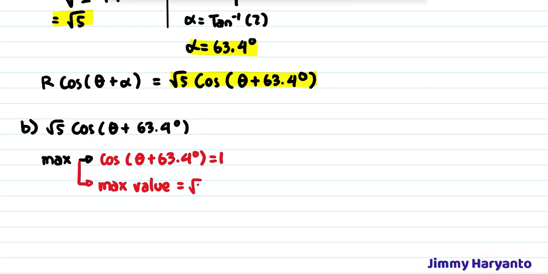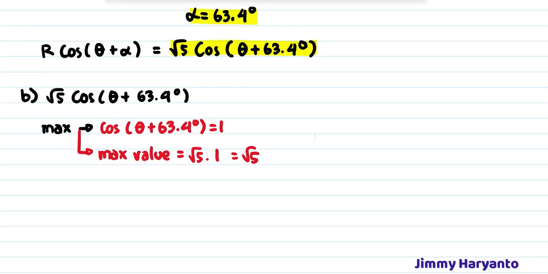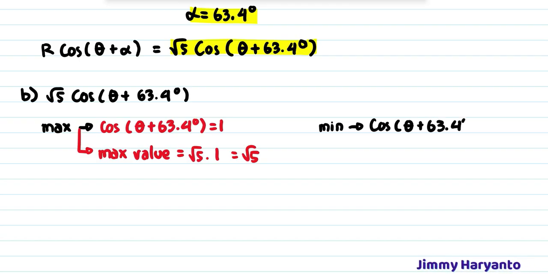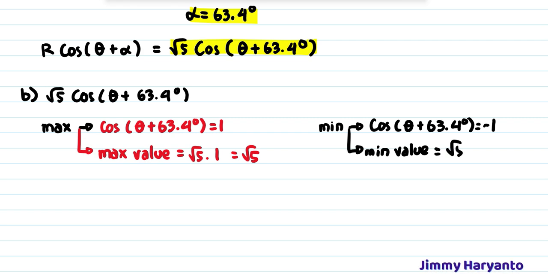So square root of 5 times 1 equals square root of 5. For the minimum value, it happens when the value of the cos is -1. That means the minimum value will be square root of 5 times -1 equals negative square root of 5. Okay, this is the maximum and the minimum value.